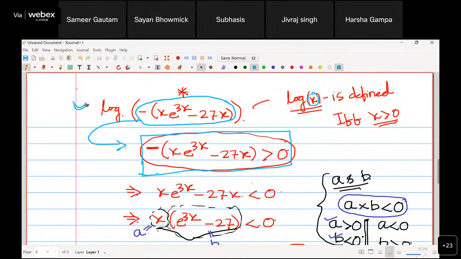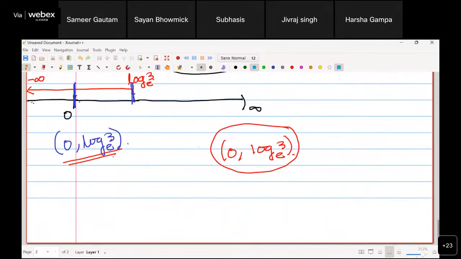That means the log of this thing is only defined on this region. Clear now? Any doubt? No, sir. Okay.